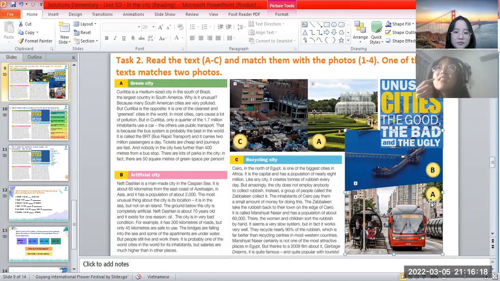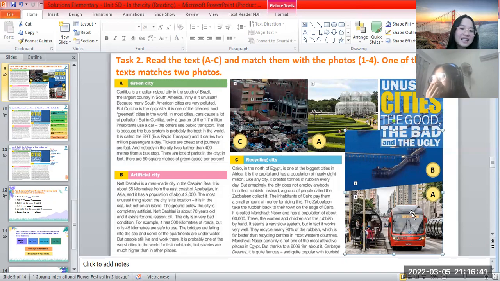Inhabitants use a car. What is that? Inhabitants use a car. So you think this one, inhabitants use a car, and then you chose this one.